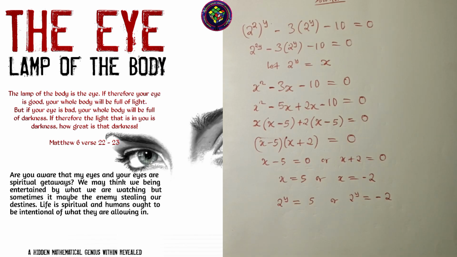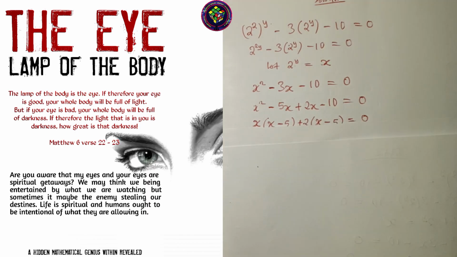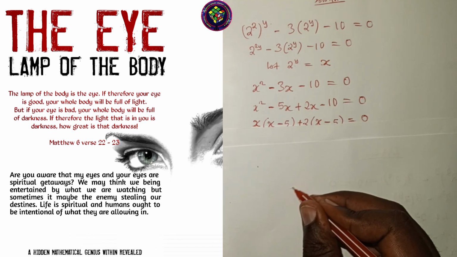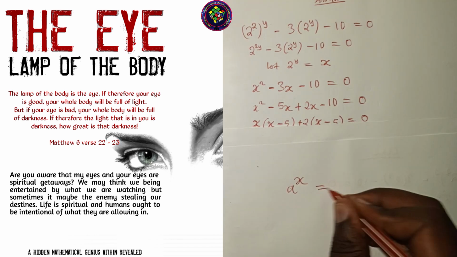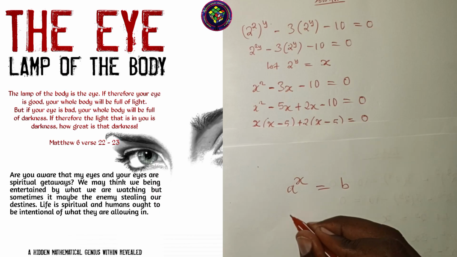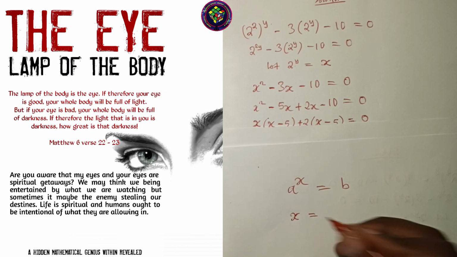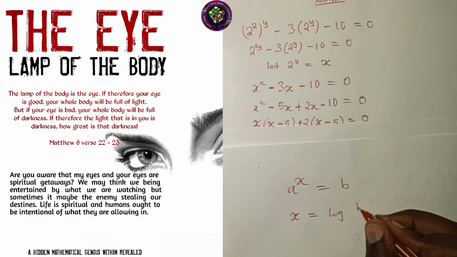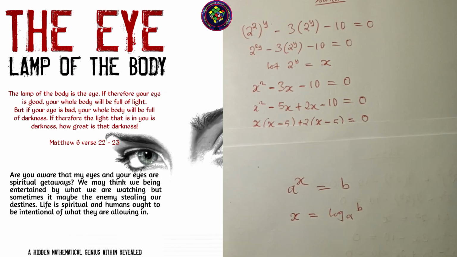Okay, so here is where now we apply the law of logarithm, which states that if we have a to the power x is equal to b, this is equal to x is equal to log b base a.